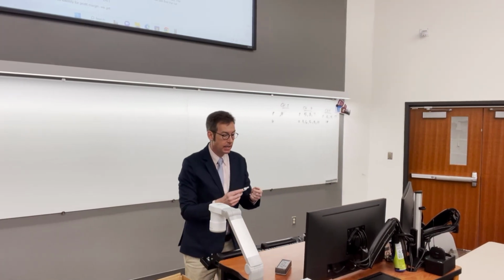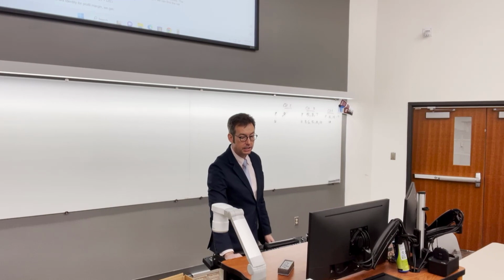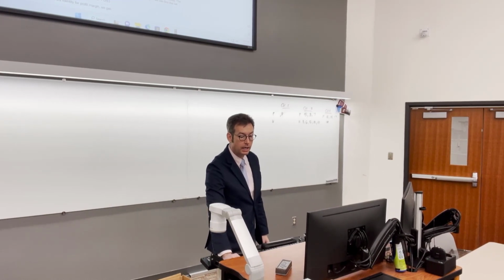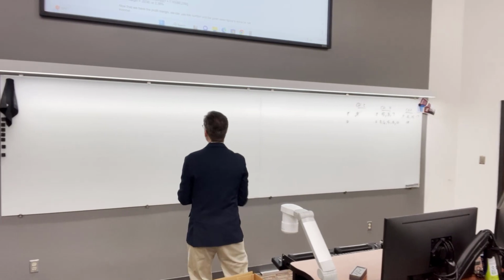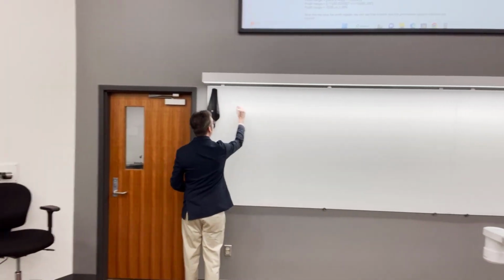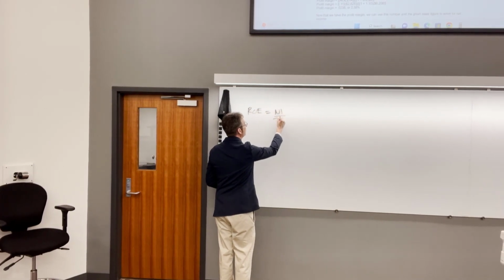Y3K Inc. has sales of 6209, total assets of 2825, and a debt-to-equity ratio of 1.1. If its return on equity is 11%, what is its net income? Okay, so we know, first of all, that ROE is equal to net income over total equity.